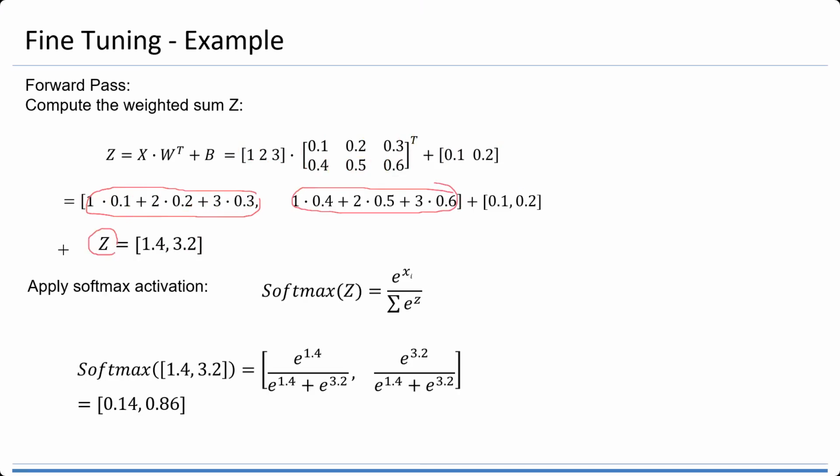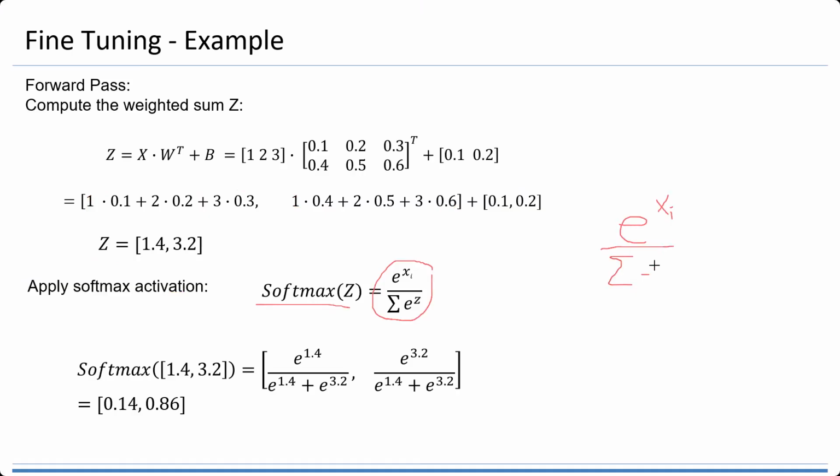Because we already have the Z, you can apply the softmax activation. So what is softmax? In the formula, softmax uses this: e to the power of xi, divided by the summation of e to the power of Z. So the Z is this one.